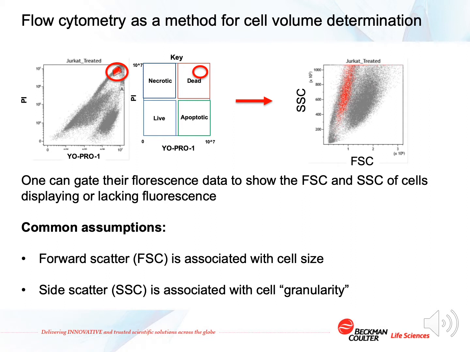You can also interrogate the forward and side scattering profiles of cells in order to obtain a bit more information regarding cell size and granularity. A common assumption among flow users is that forward scatter is directly associated with cell size, and that side scatter is directly associated with cell granularity.